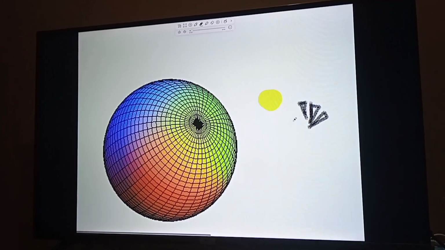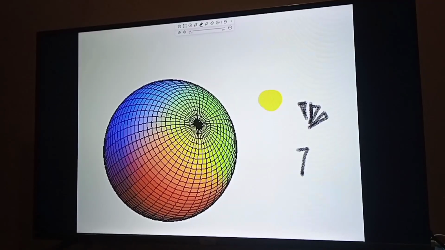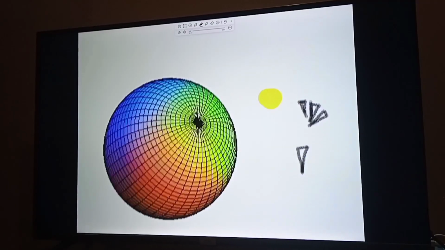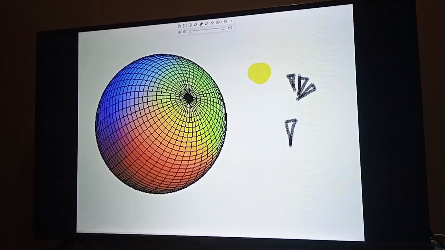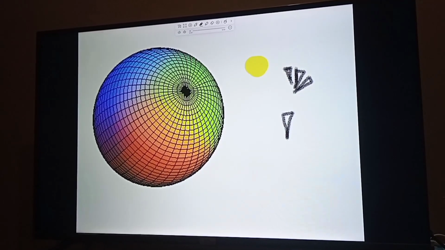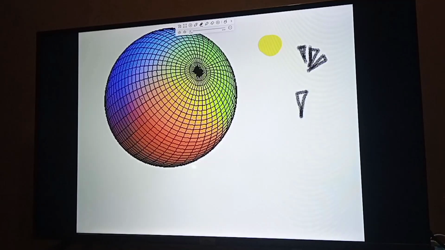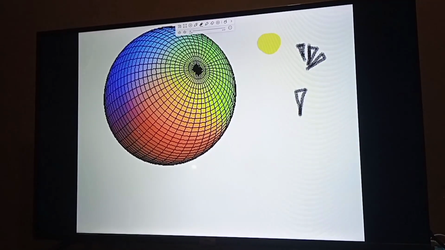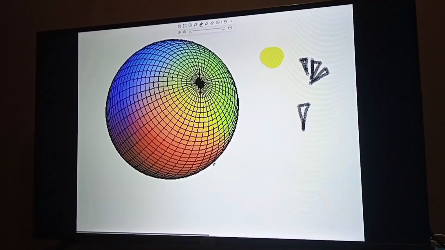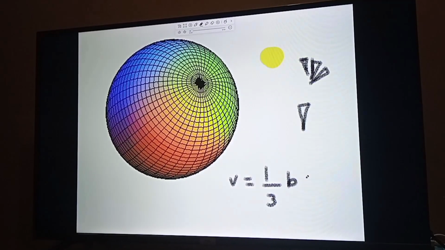Now suppose this shape is made up of, let's take 100 pyramids. Suppose we say that this sphere is made up of 100 pyramids, then the volume of a pyramid is equal to 1/3 base into height.